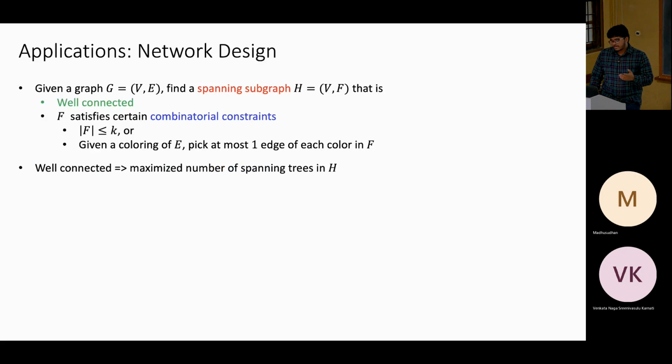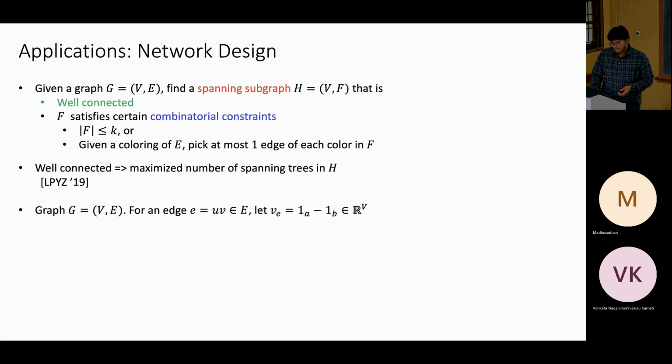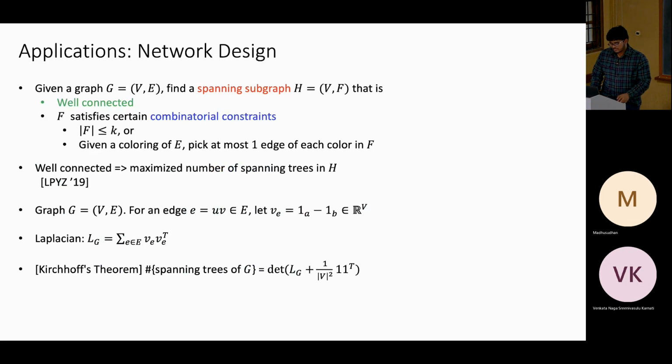And one studied notion of well connected is maximizing the number of spanning trees in it. Not disjoint, just counting the total number of spanning trees. This problem can be reduced to determinant maximization, because choosing an edge is choosing a vector, and from Kirchhoff's theorem we have that the number of spanning trees is the determinant of the sum of outer products of these vectors.